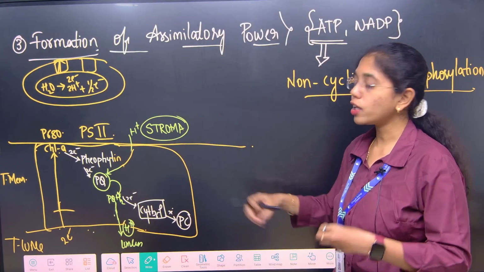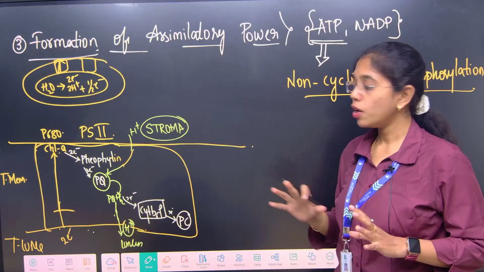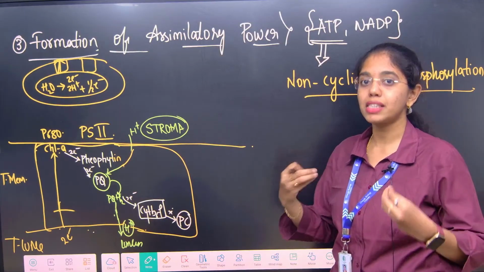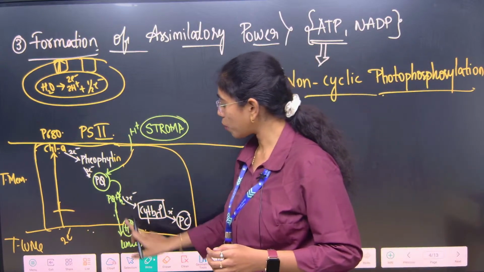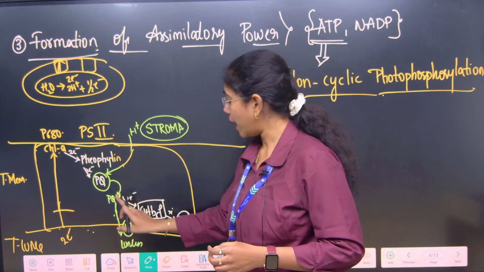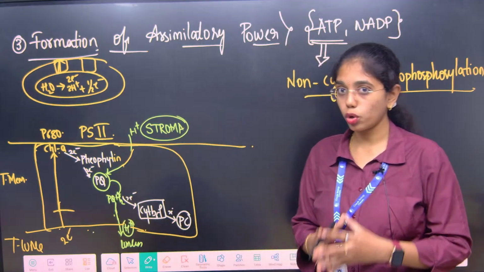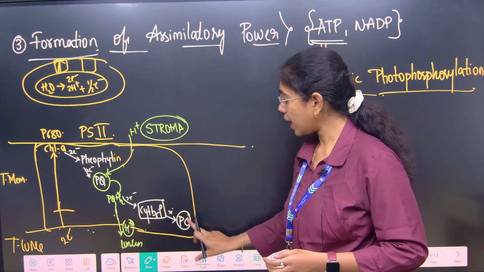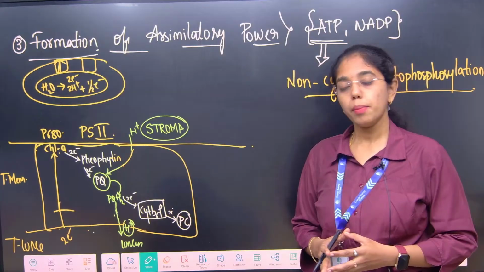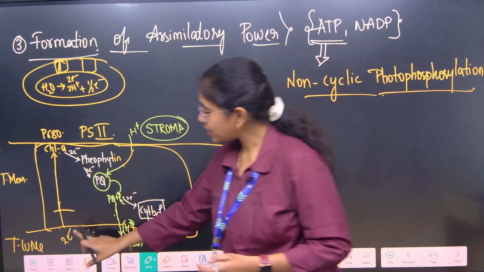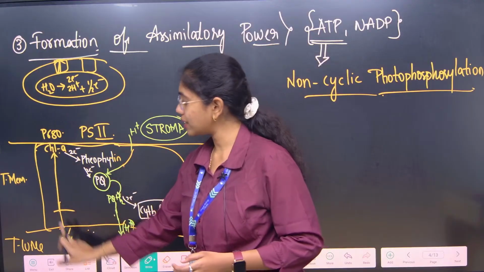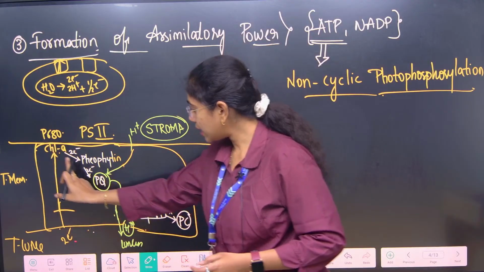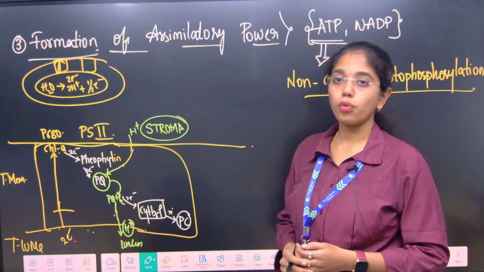Okay, try to assimilate this. Don't memorize now, but try to assimilate the electron flow. So, here protons are submitted to the lumen and electrons are given to cytochrome B6F. From here, electrons are again given to plastocyanin. So, the first reaction from the thylakoid lumen to the reaction center is uphill movement, and then this electron flow is downhill movement.